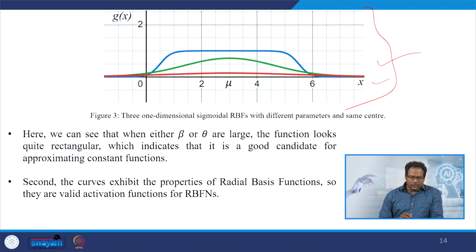Here we can see that when either beta or theta are large, the function looks quite rectangular, which indicates that it is good for approximating constant functions. At the same time, the curves exhibit the properties of radial basis functions, so that they are valid activation functions for radial basis function neural networks.